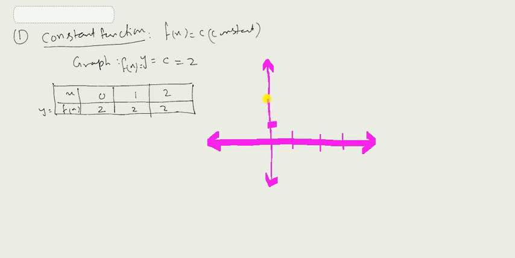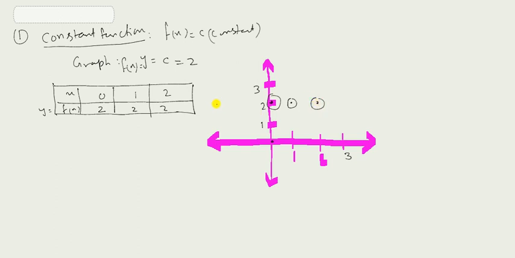This is also 1, 2 and 3. Similarly here also 1, 2 and 3. So for 0 I will have 2. For 1 I will also have 2. For 2 also I will have 2.